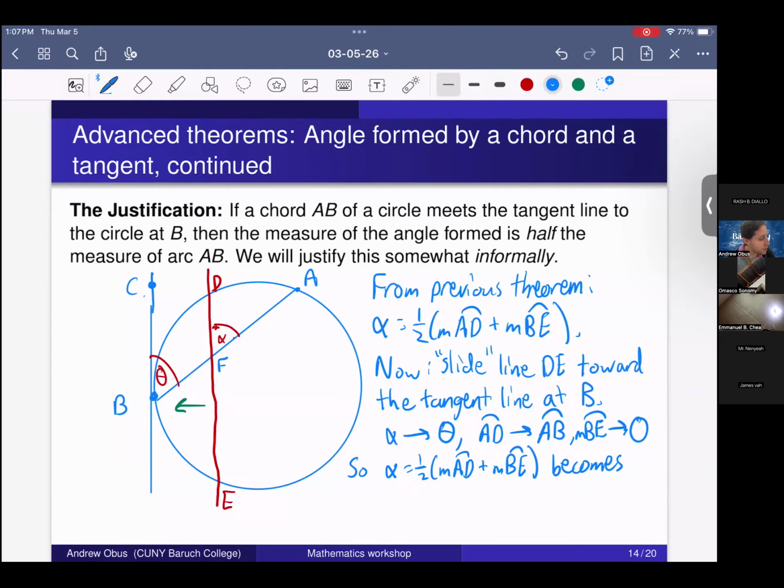Well, alpha eventually becomes theta, right? Equals 1/2. AD becomes AB, so the measure of AB, and then the measure of BE becomes 0 because that arc just disappears, so plus 0, which is equal to 1/2 the measure of AB.